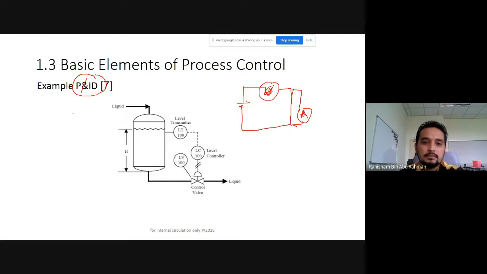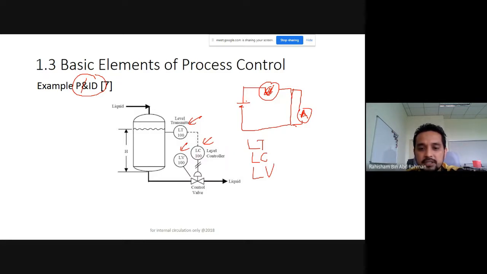Similarly, the process control diagram also has its own symbols. For example, normally in a P&ID diagram they will just mention alphabets: LT, LC, LV. You will see more. What is LT? Level transmitter.